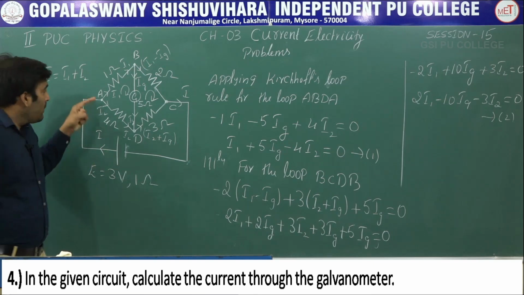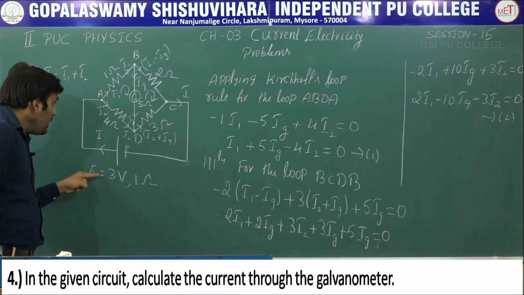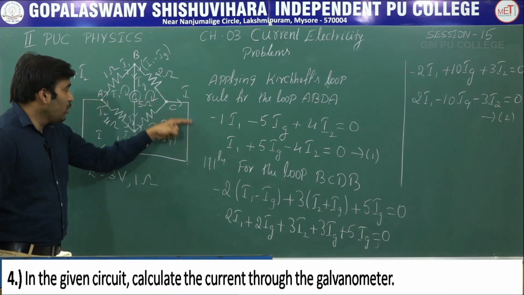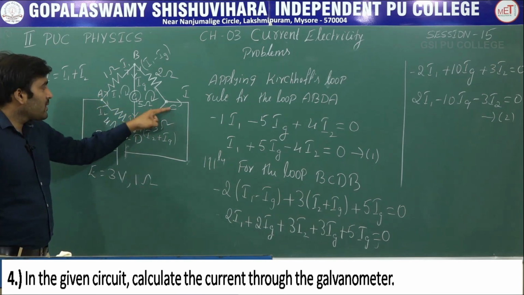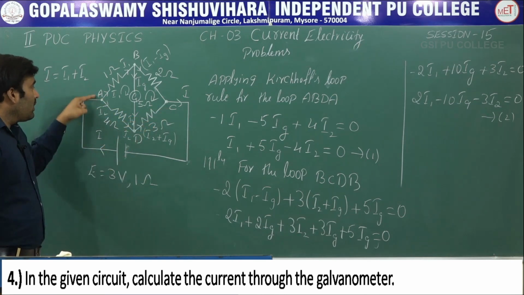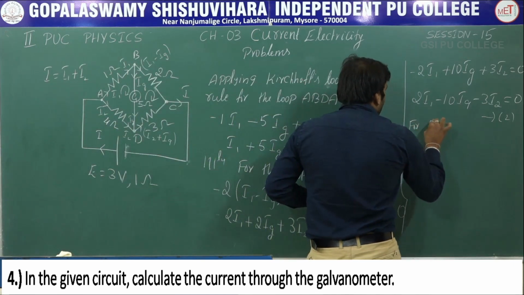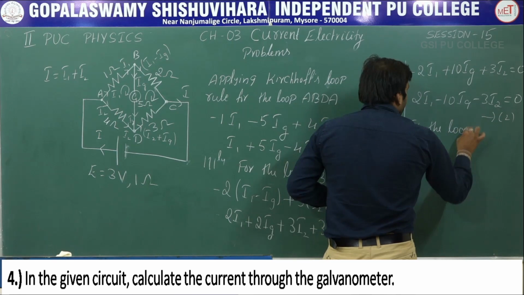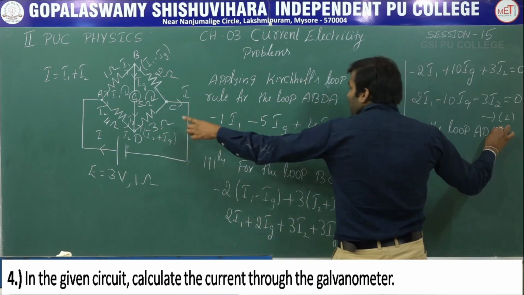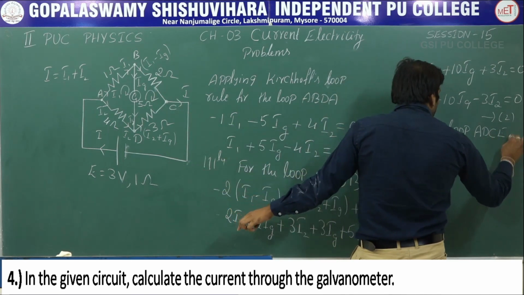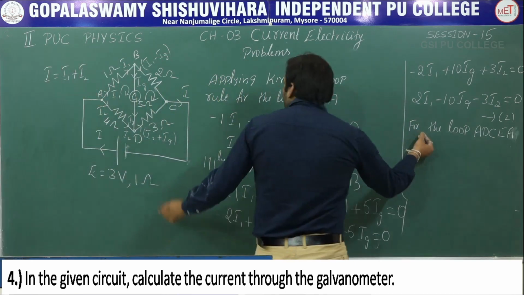The next loop is A, D, C, E, A. For this loop we should apply the Kirchhoff law.